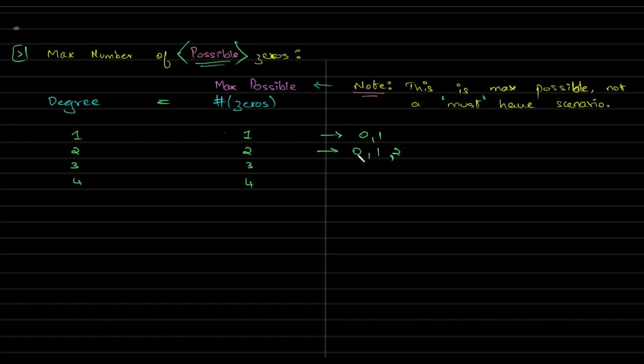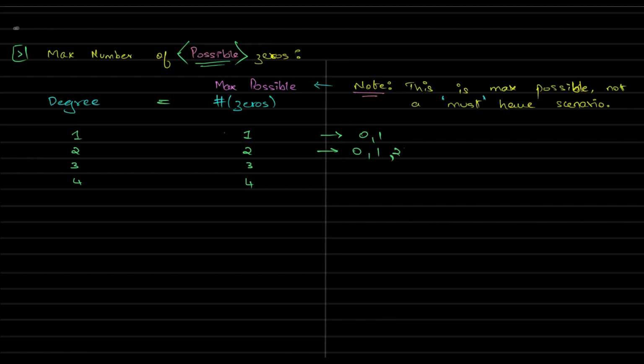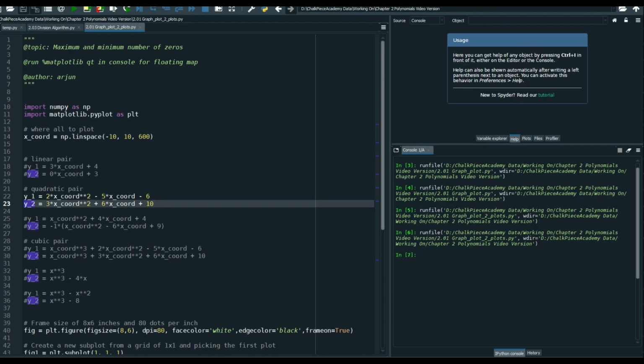Again, remember, zeros are that input value which makes the output 0. So for the red graph, there is no real number which can make the graph pass through the x-axis. You cannot split the middle term, you can't do anything about it.